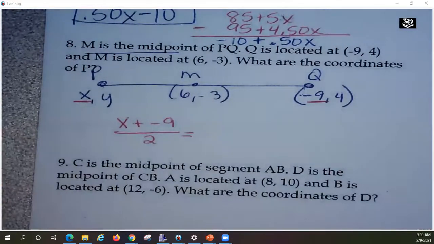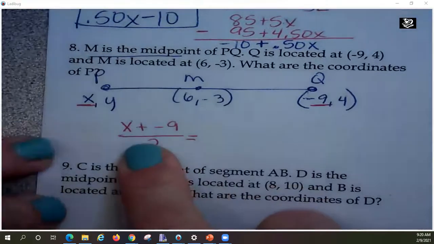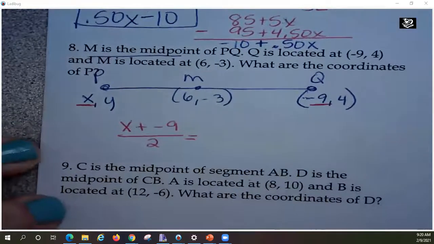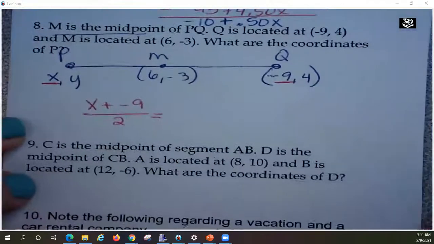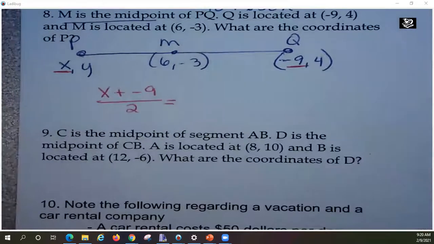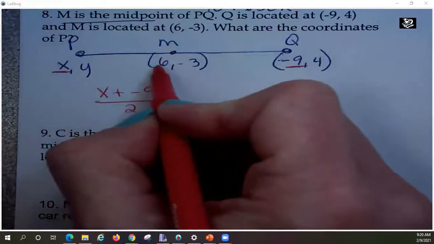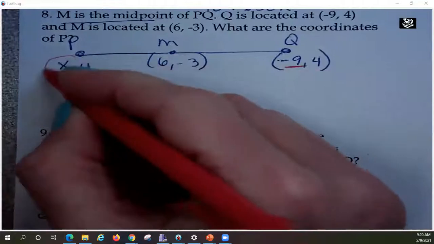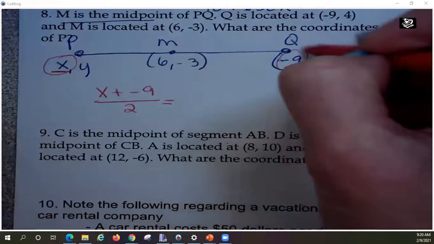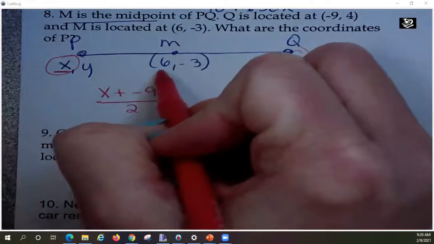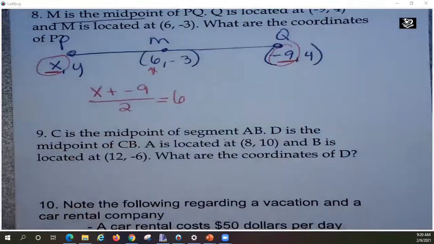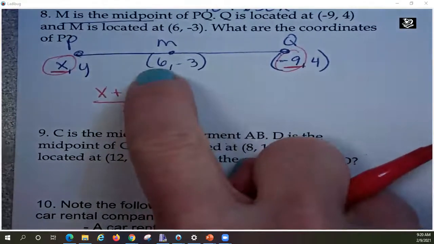Cameron, what's it going to equal? Okay, so this is the midpoint formula, and it gives you the midpoint. What is the midpoint of this problem, Cameron? M. And so what number is M? It is 6, -3. So you take the two X's, and it's going to equal the 6 right here.